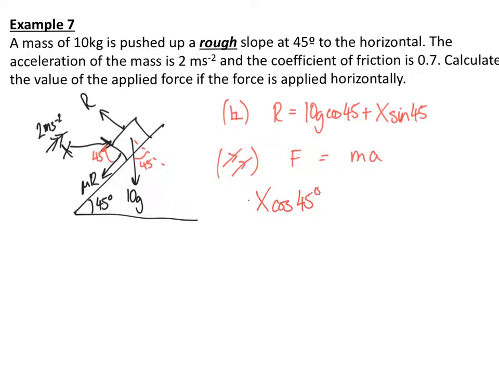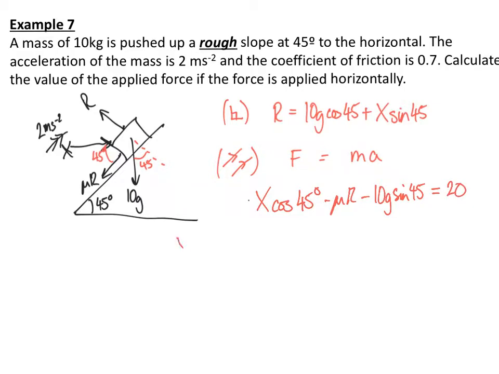However, we have two forces that are acting down the slope as well. We have mu R, so I'm going to take minus mu R, and we also have the weight of the object. Don't forget about the weight. So it's minus 10g sine 45. And that's going to equal the mass times the acceleration. So 2 times 10 is 20. So let's fill in a wee bit more here.